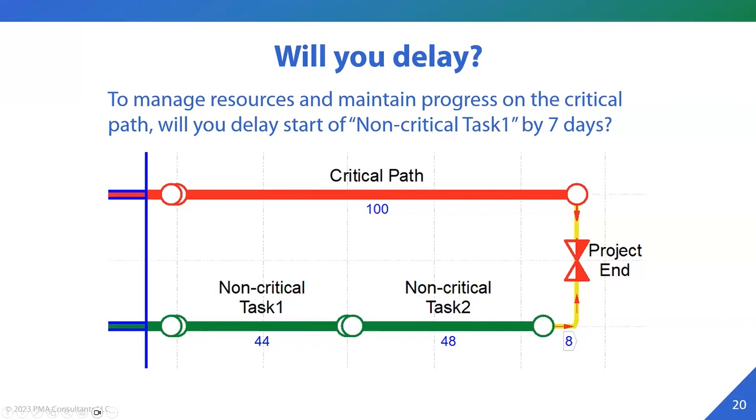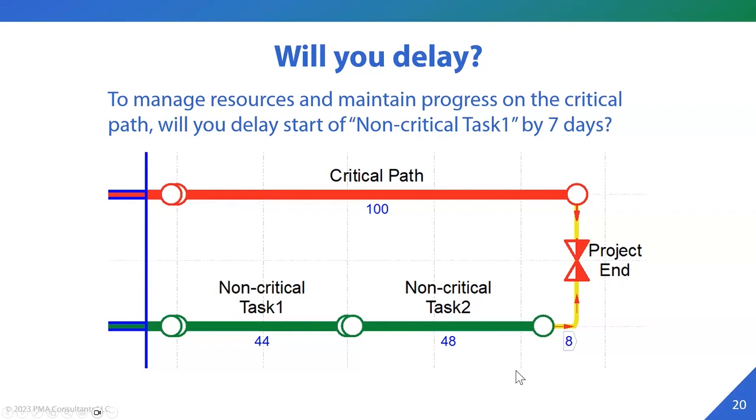So in order to manage resources and to maintain progress on the critical path, will you delay the start of non-critical task by 7 days? And let's notice over here, non-critical task 1 actually has 8 days of float. So we are trying to delay the activity within its available float. So will you delay or not delay non-critical task 1?